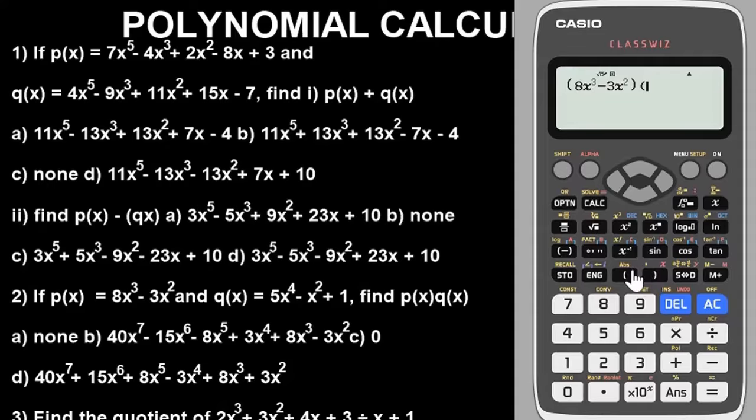Open another bracket, since it's a product, 5x alpha x to power 4, come down, we have minus alpha x, sorry, I didn't put minus, we have minus alpha x square, right here is correct, plus 1, close the brackets. Okay guys, we are done.